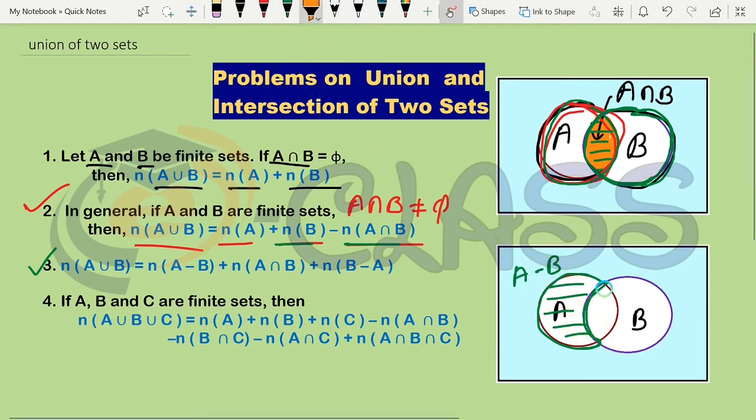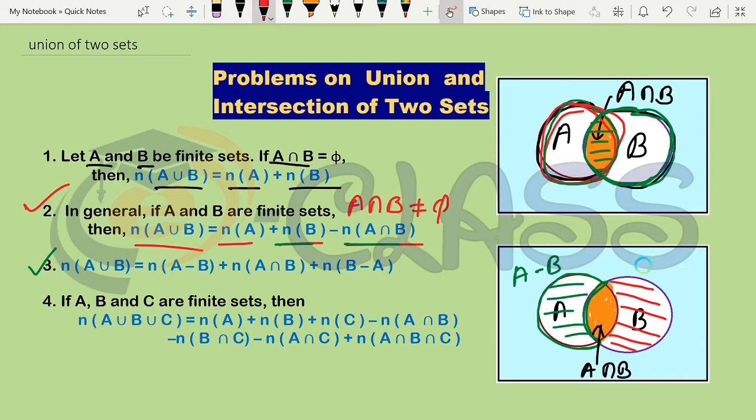Now this common area is called A intersection B. We all know this common area is called A intersection B, and this red region is called B minus A. If you don't know what A minus B and B minus A are, please watch my previous videos.